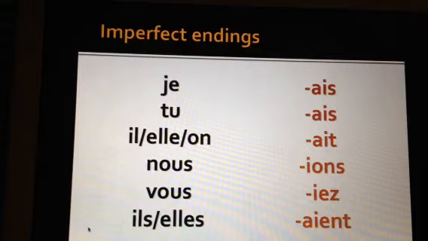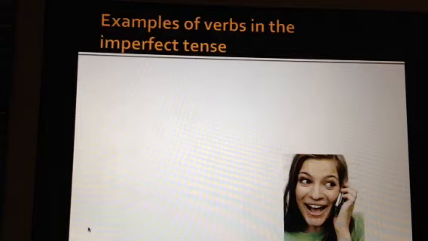So the first three and the last all sound like a at the end. And then you have ions and iez for nous and vous. So here are some examples for er, ir, re, and irregular verbs in the imperfect.